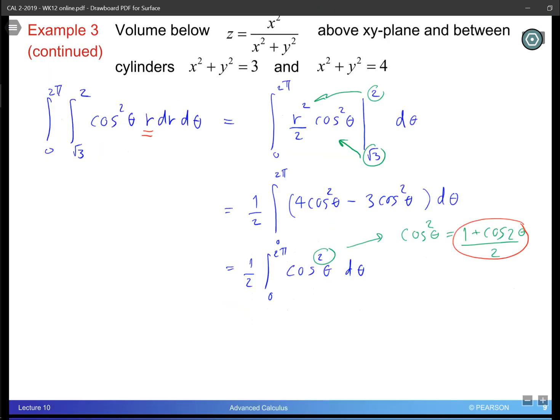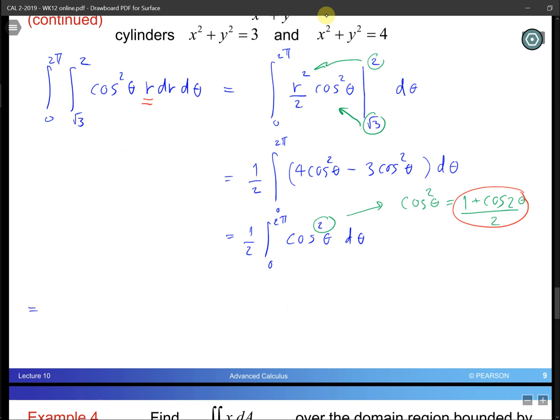So let's put that in, equal to 1 over 2 integrate 0 to 2 pi of 1 plus cosine 2 theta over 2 d theta. Alright, so I'm going to take this 2 outside, it becomes 1 over 4, integrate 0 to 2 pi, 1 plus cosine 2 theta d theta.